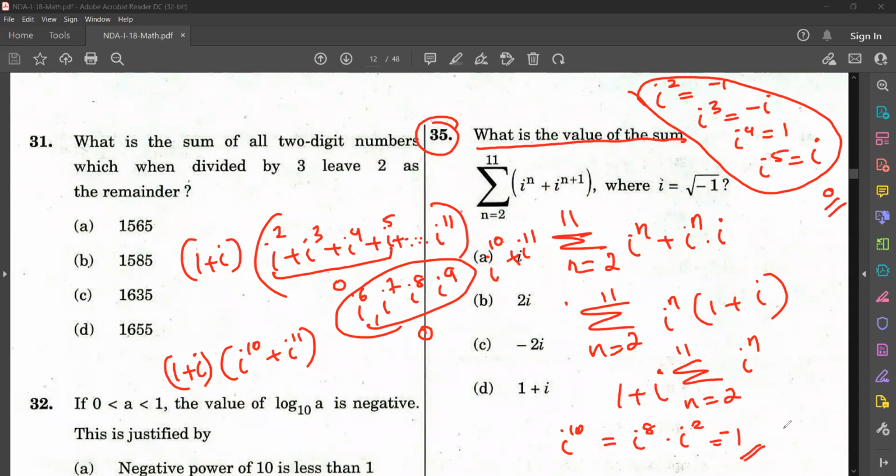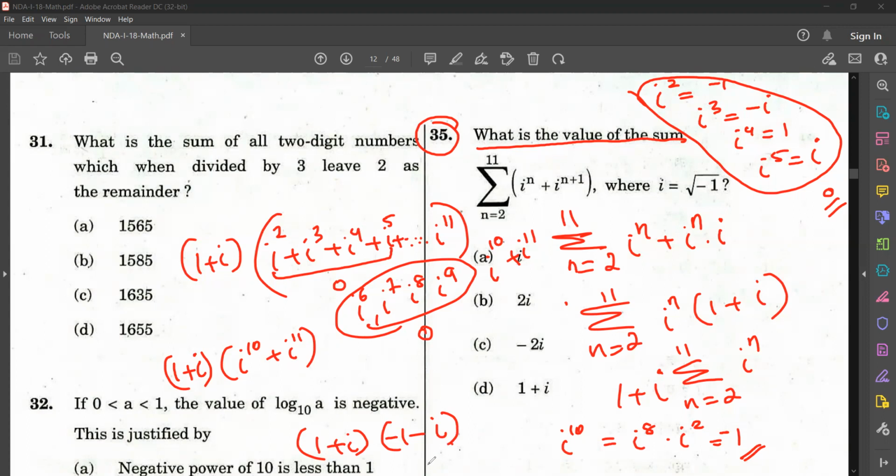Next is i^11. i^11 is i^10 into i, so that is minus i. So you have (1 plus i) into (minus 1 plus minus i), isn't it? Just open the bracket.